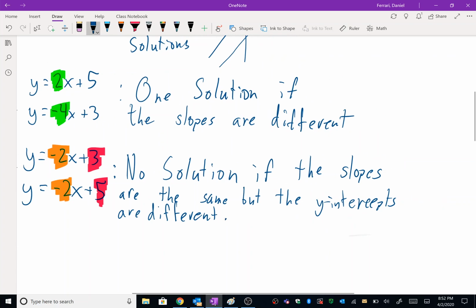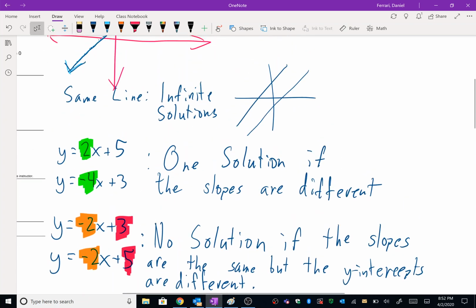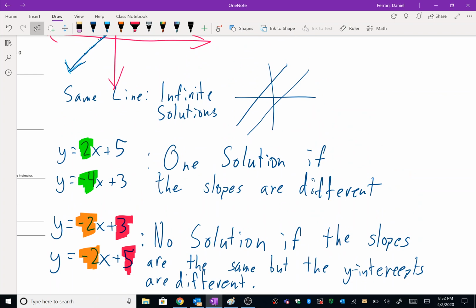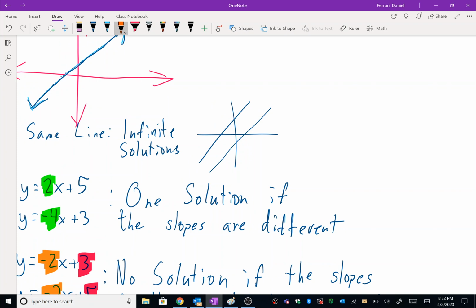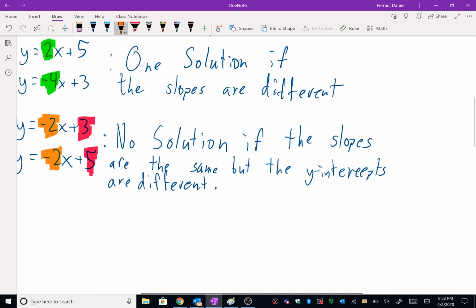Okay, and it makes sense if you think about it, because if I go back to my picture up here of a no solution kind of problem, you'll notice that where they cross the y-axis is not the same. They are at different points. So they have the same slope, they rise and run the same, but because they start from different points, they're never going to cross. So that is what gives us no solution.